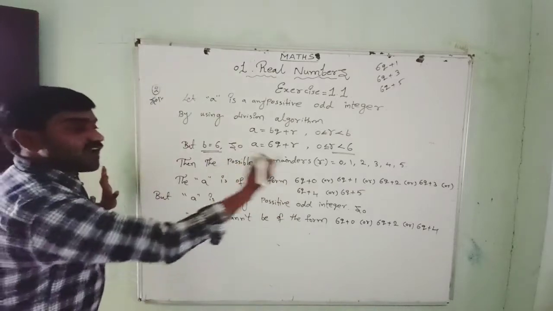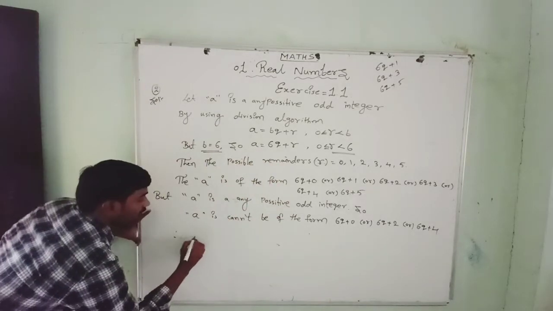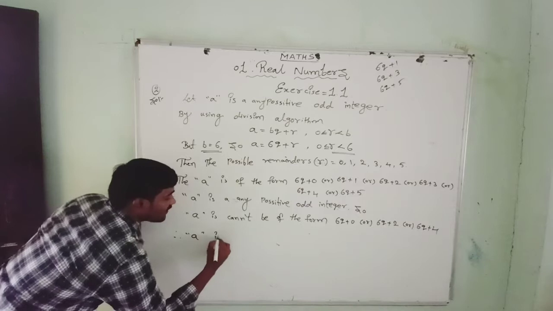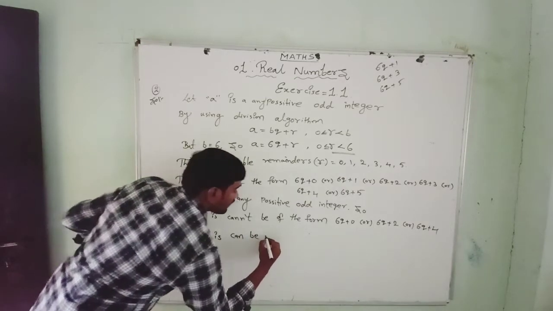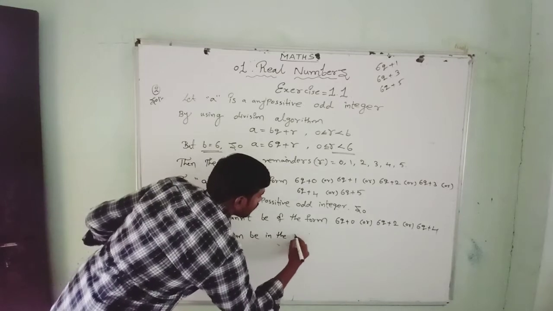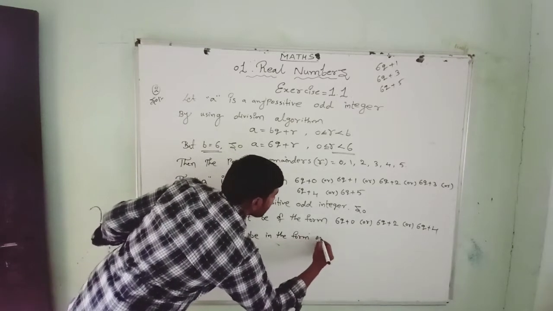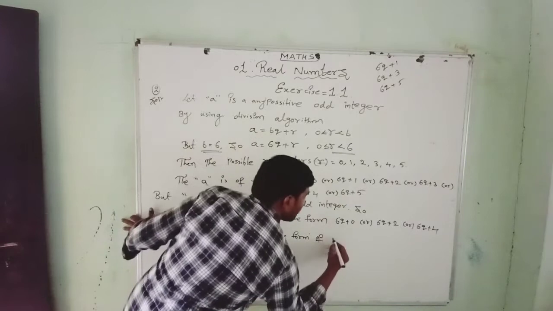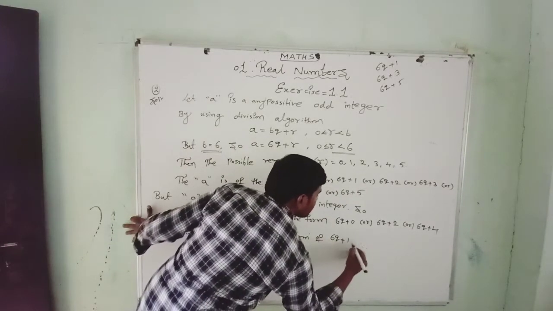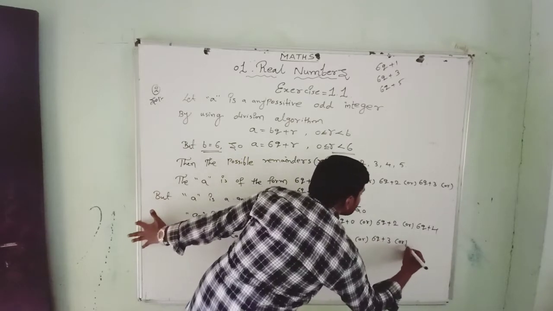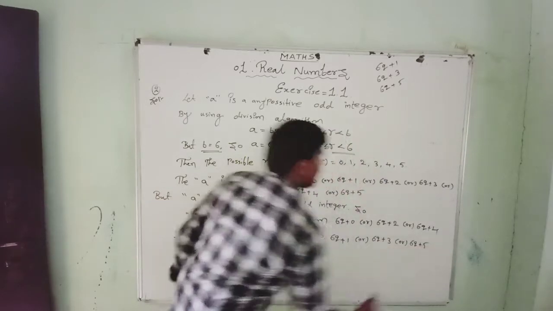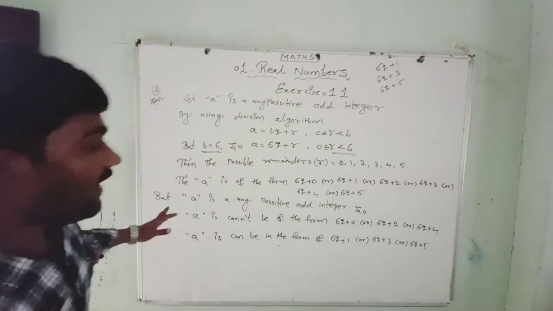But what are the remaining? Therefore a can be in the form of the remaining ones, that is 6q + 1 or 6q + 3 or 6q + 5. See that it will be like that.